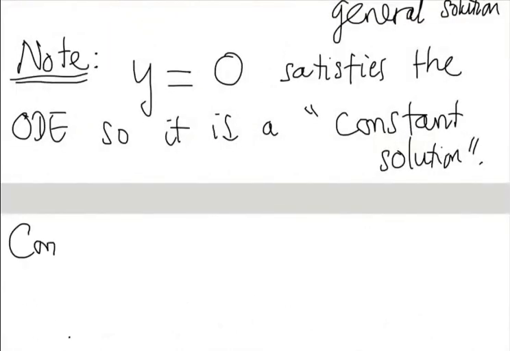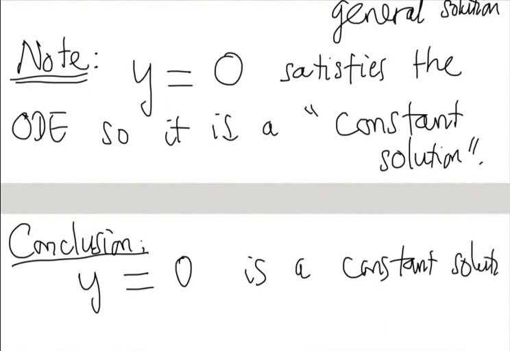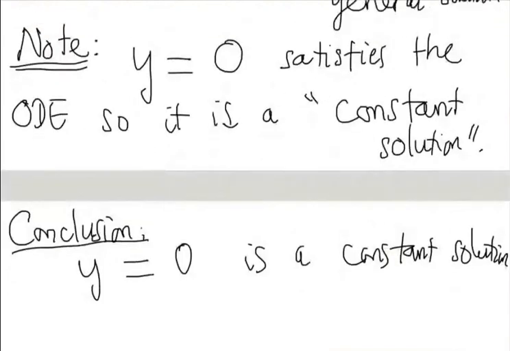So let's write out the conclusion. We have two things. Y equals 0 is a constant solution. That's the first.